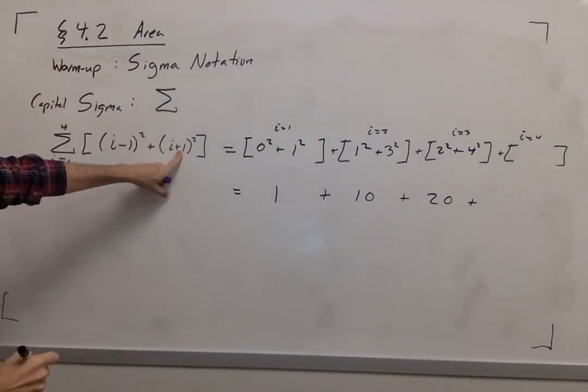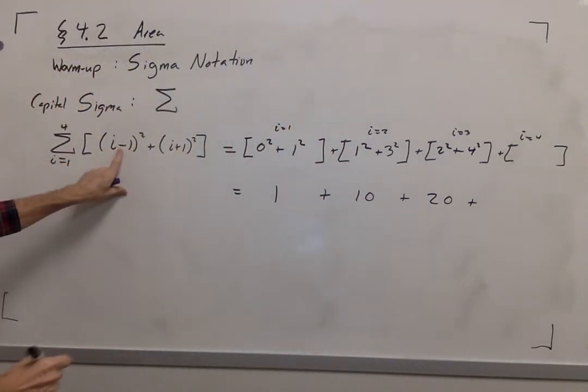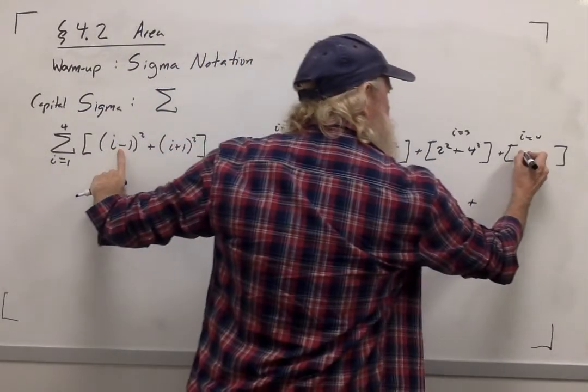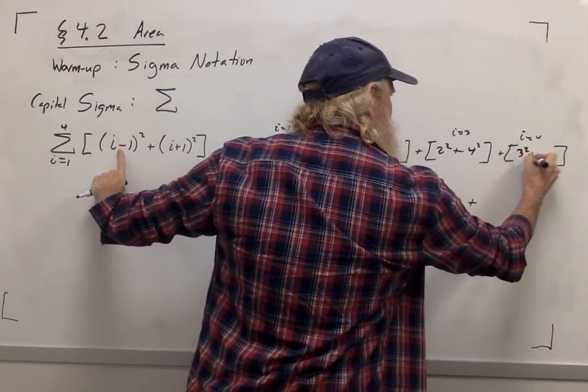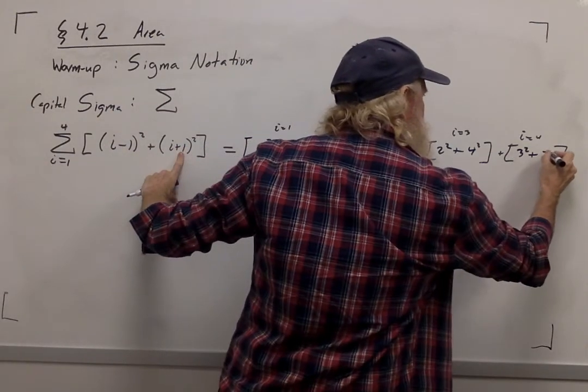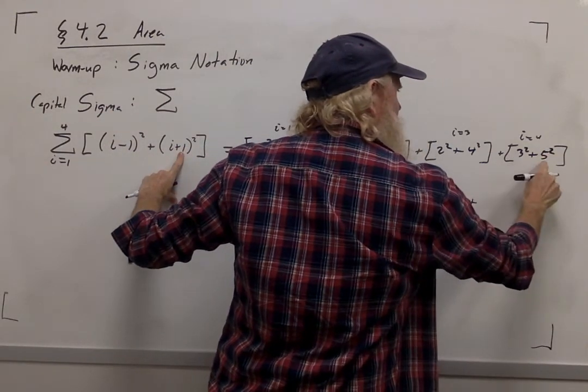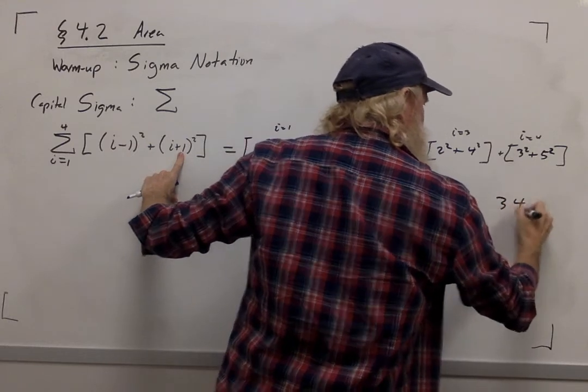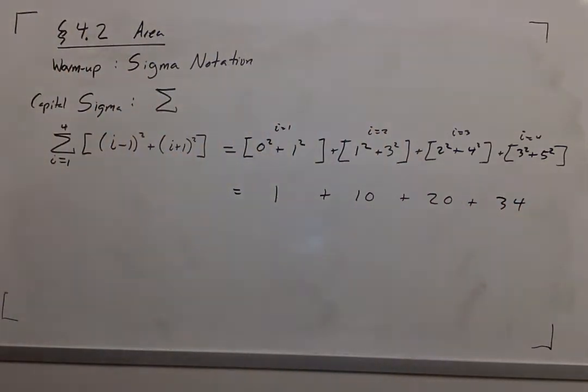And then finally, I plug in i equals 4. 4 minus 1 squared is 3 squared. And 4 plus 1 squared is 5 squared. And 9 plus 25 is 34. And it is up.